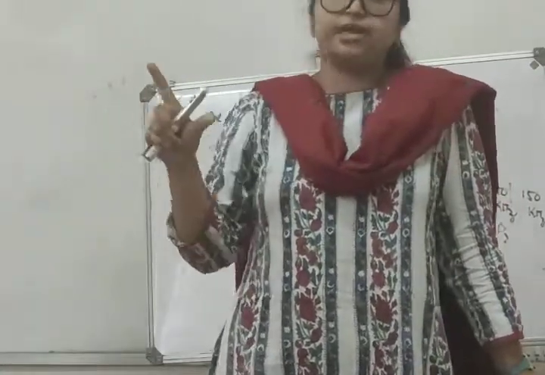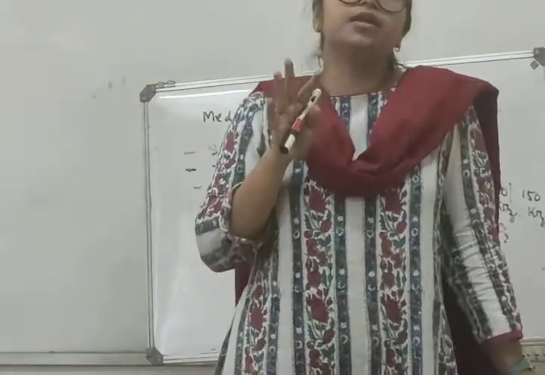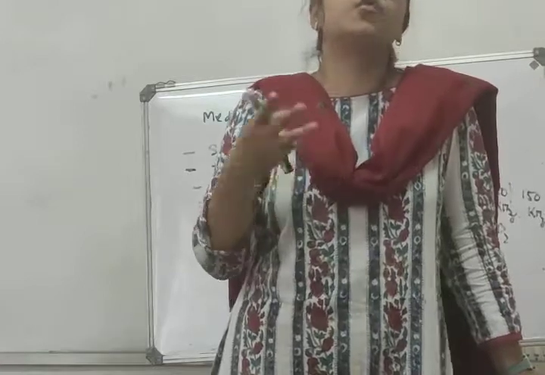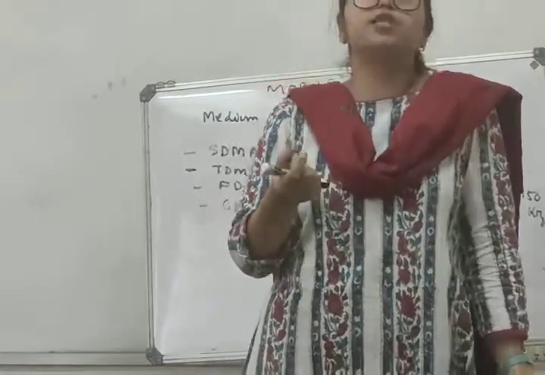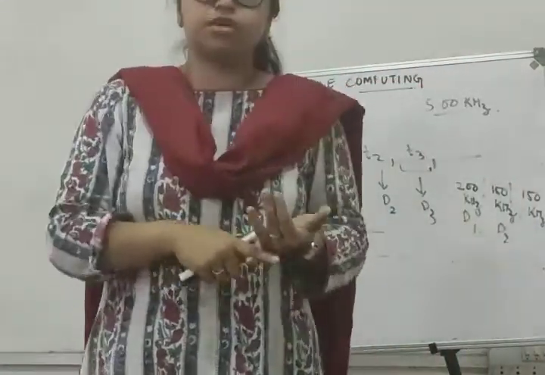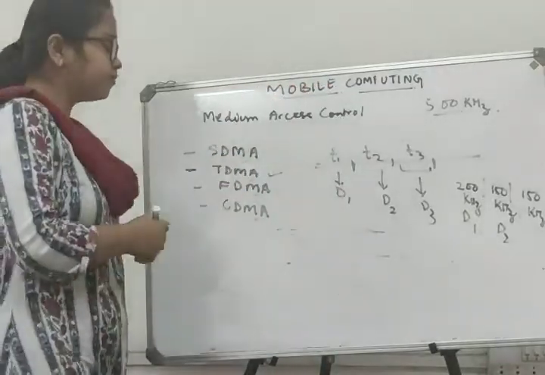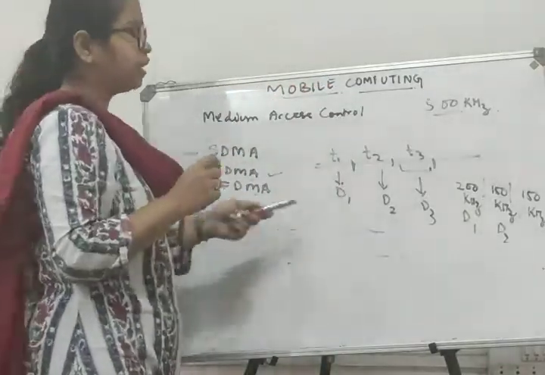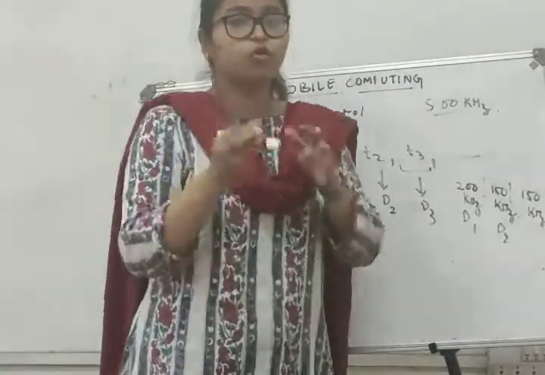The entire frequency is used by multiple devices, but in a codified fashion. We generate a pseudo random generator with which we codify the signal, so that it is very much secure. There is no chance of interference, and at the same time we can distinguish which signal belongs to which device. How? Because they are codified.